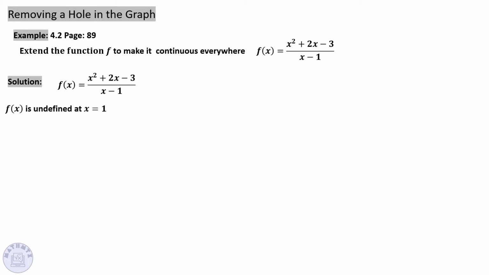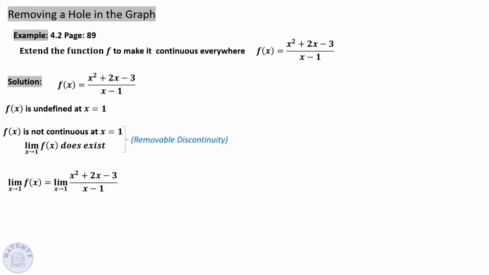So we know that the function is undefined and it's not continuous, but at the same time, the limit does exist. This means it's a removable discontinuity. So we try to evaluate the limit at x equals 1 by factoring. If you cancel out the common factor, you'll be left with x plus 3. At 1, this equals 4.